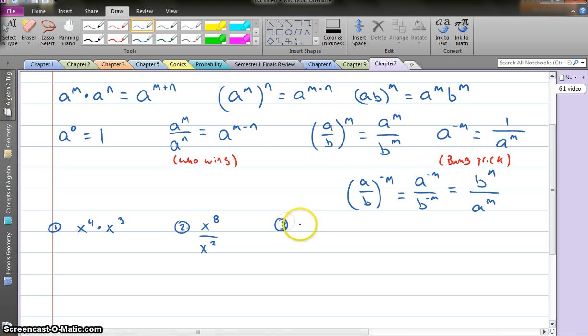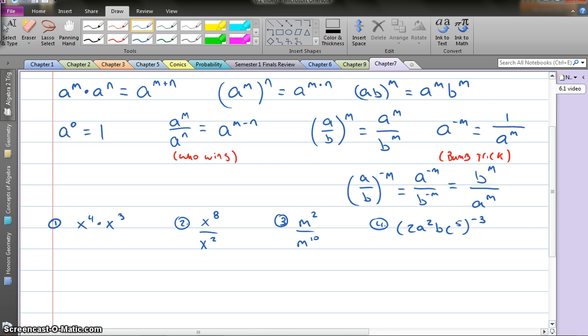Example 3 is going to be very similar to this one, but I'm going to go m squared over m to the 10th. And then example 4, I'm going to rock 2a squared b c to the 5th, all to the negative 3rd power. Now, these are, let's say, the easy examples. And as we go through, we'll get a little more difficult.